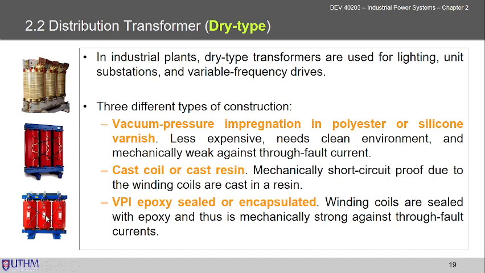Another one is the VPI epoxy. This is mechanically strong also against fault currents, because the winding is always sealed with the epoxy. Of course it is not cheap compared to this one, so it's very expensive.